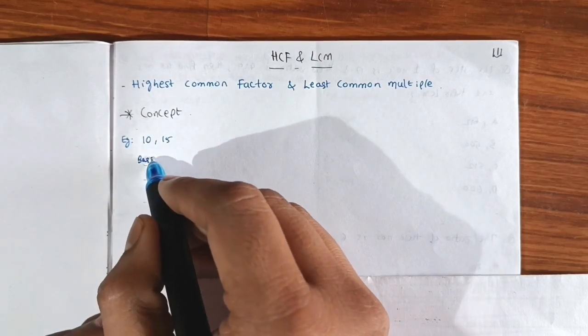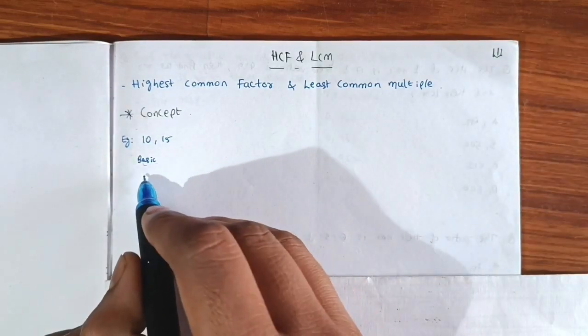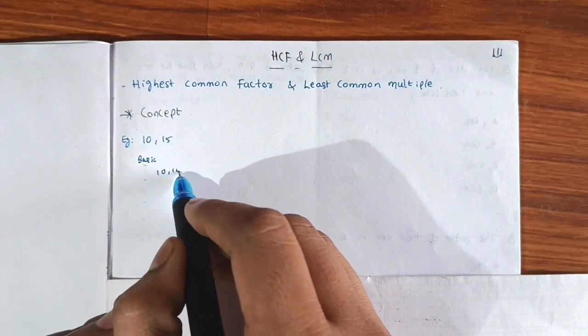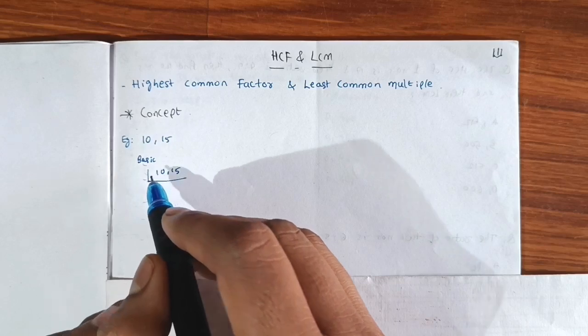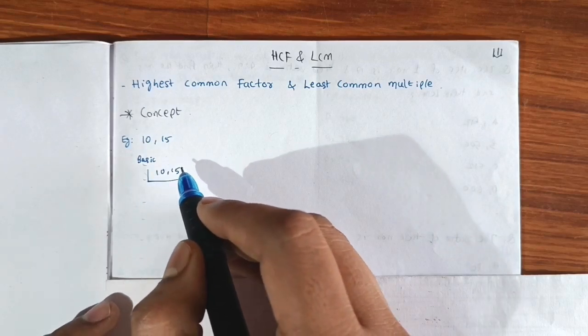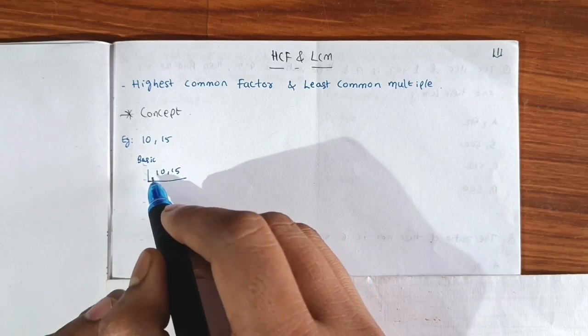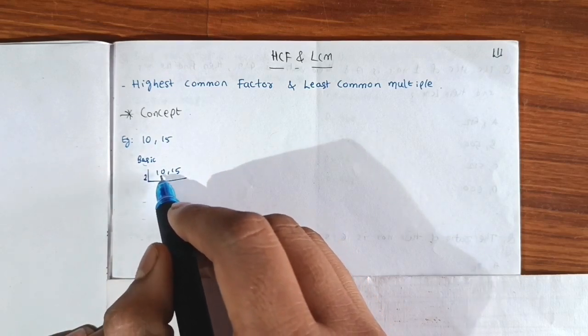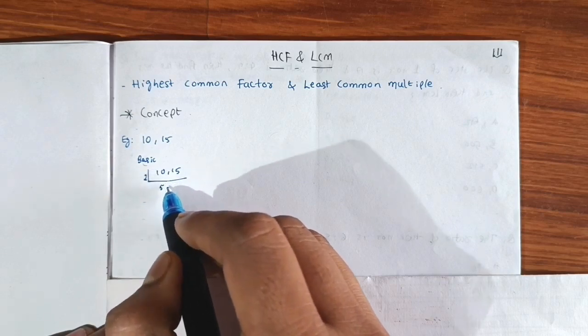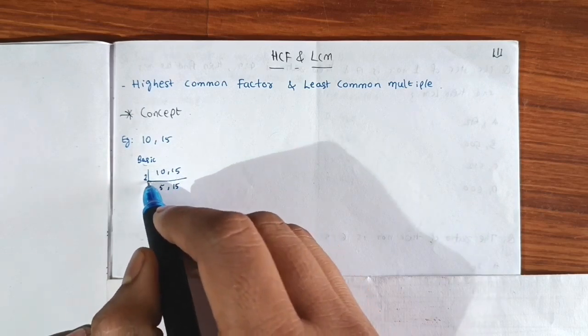In the basic method, generally we use it like this: 10 and 15. We check for the first common value for 10 and 15. It will go at the value 2, 2 5s are 10, and again we write the 15 here.